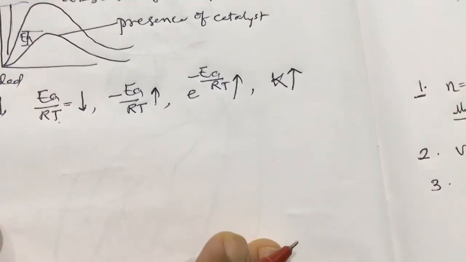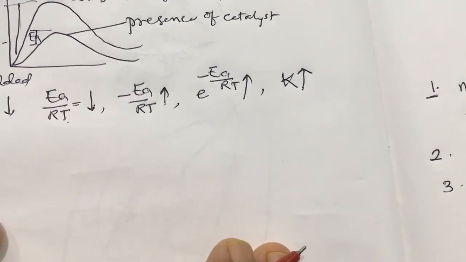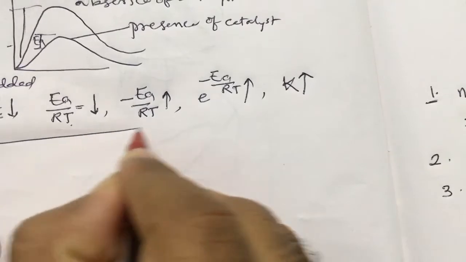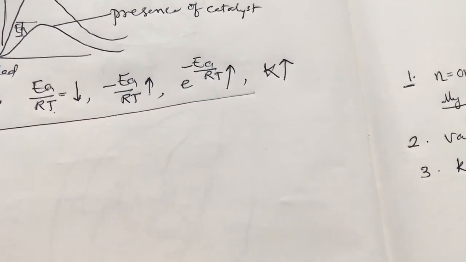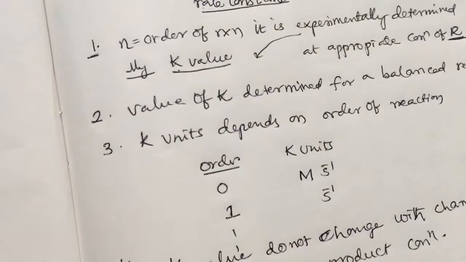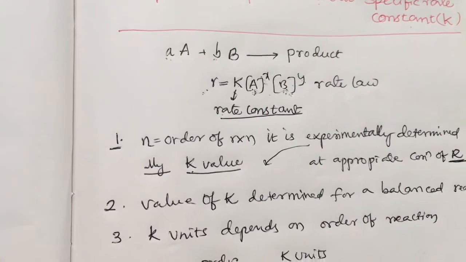These are the very important points about the specific rate constant. I hope you understood this concept well, because sometimes in competitive exams they may ask which of the following is a correct statement about the specific rate constant.